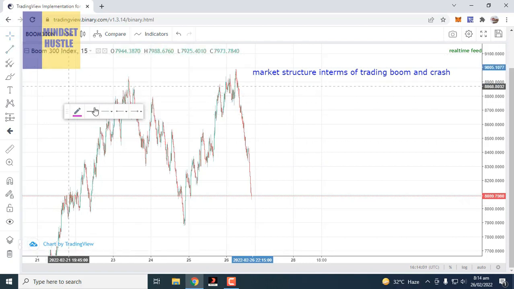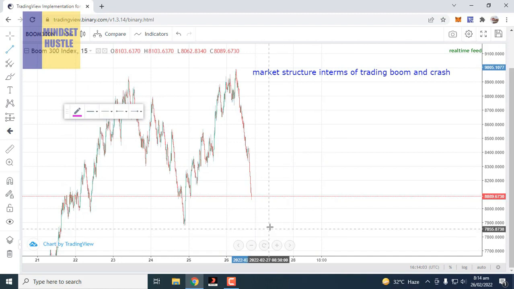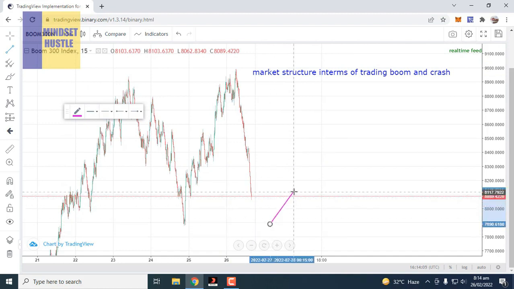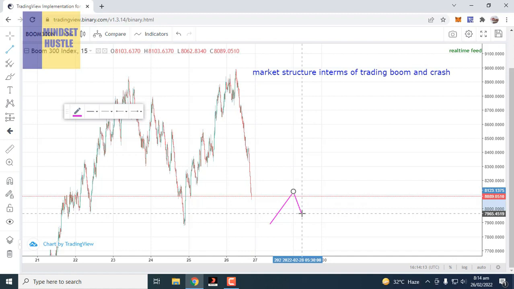So for instance, let's say the market is moving down, up, making a series of highs and lows. Market is making a series of what? Highs and what? Lows in the market.